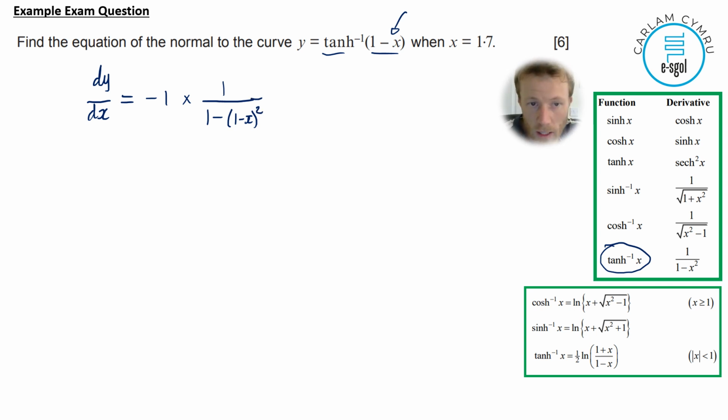You do not necessarily have to, but we could tidy this up a little bit. We're going to get a -1 on the top, and then we're going to get a 2x minus x squared on the bottom.